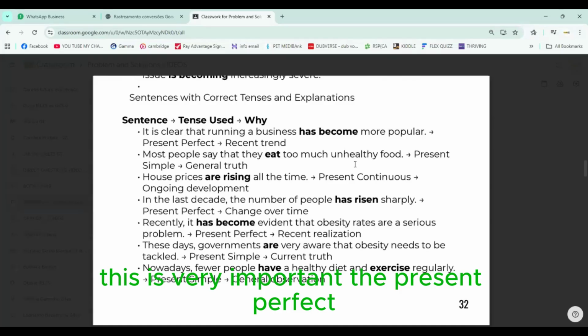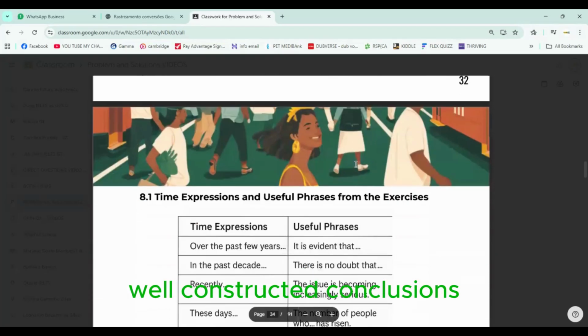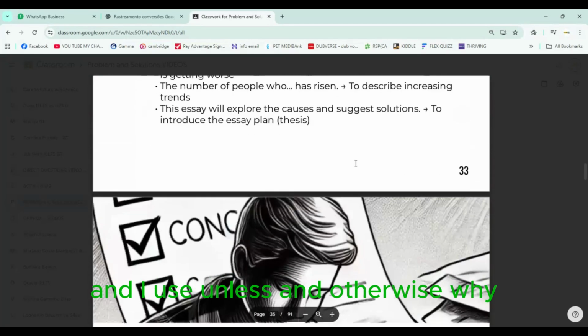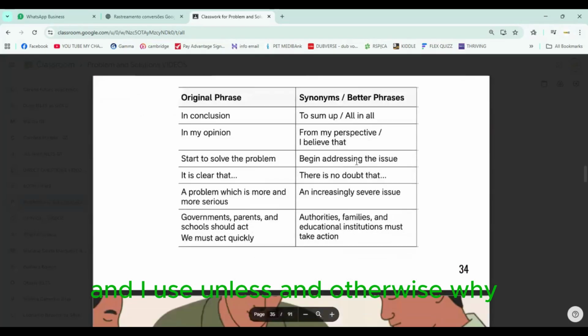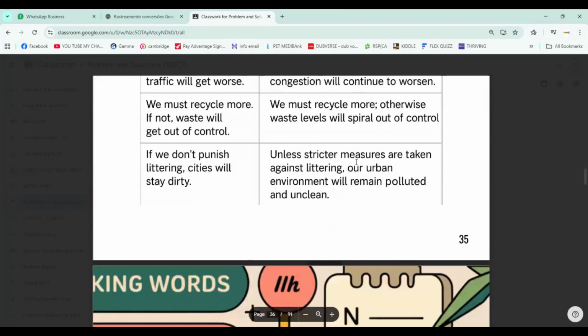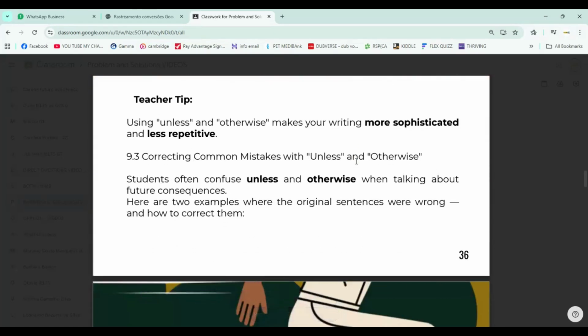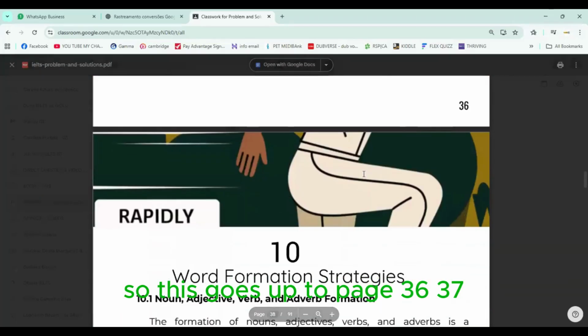The present perfect, I show it there for trends, well-constructed conclusions, and I use unless and otherwise. Why? Because it's very important to argue, and you need to have structures to support your arguments. We can't just write randomly. So this goes up to pages 36, 37.